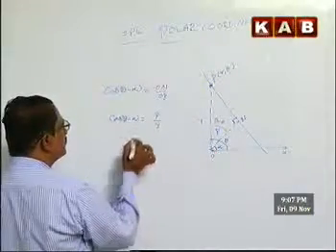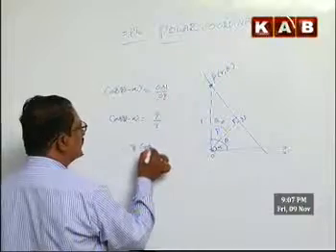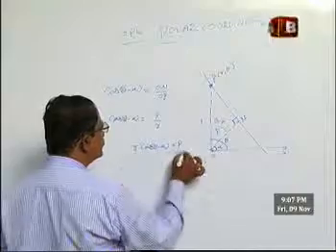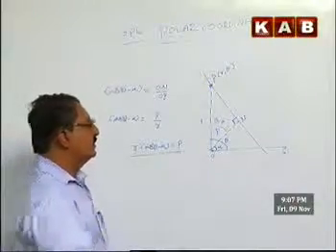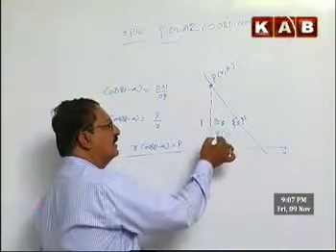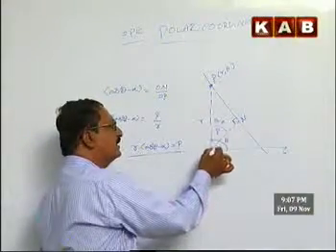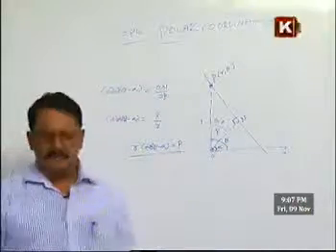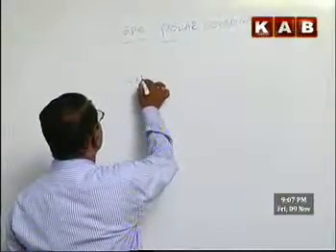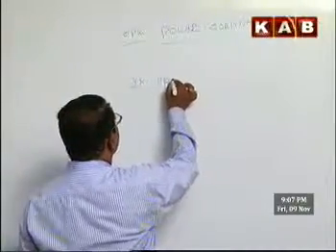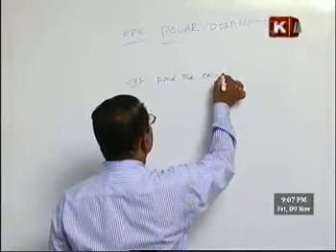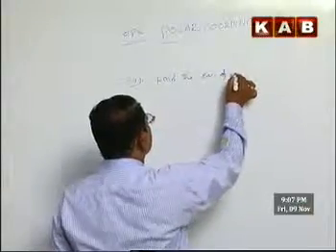Then the required equation of the straight line is r cos of theta minus alpha equals p. This is the required equation of the straight line in polar form, where the length of the perpendicular from the pole to the line is p and the perpendicular is inclined at an angle alpha with the polar axis. Next example: find the equation of the straight line.